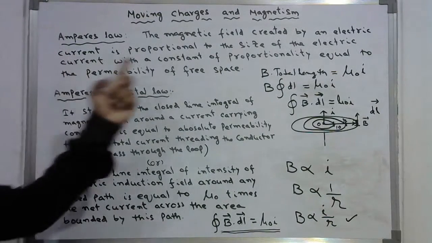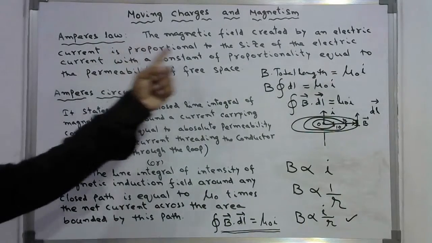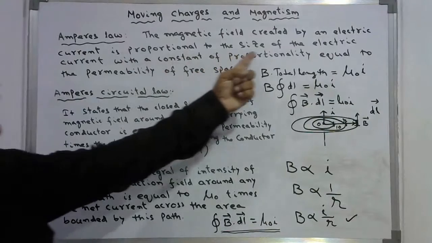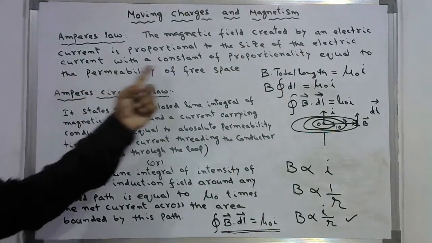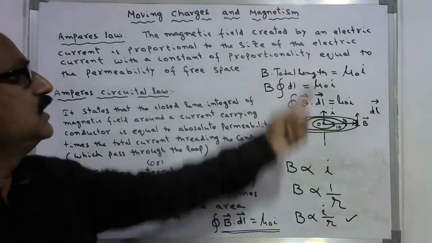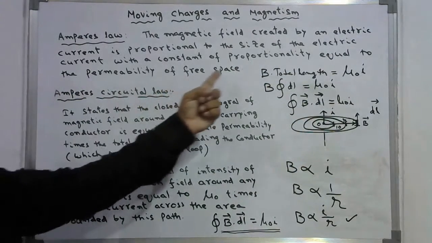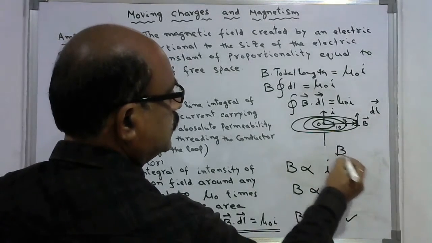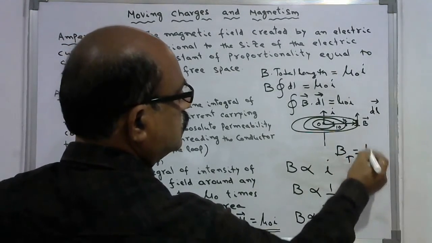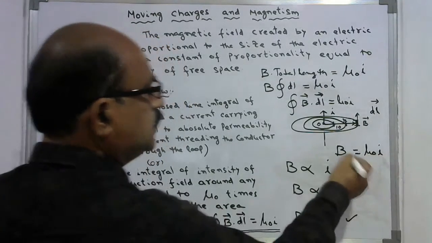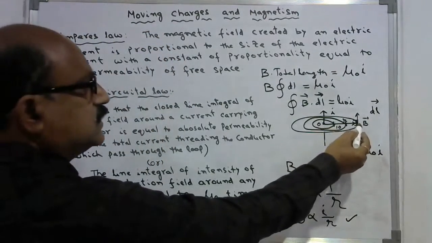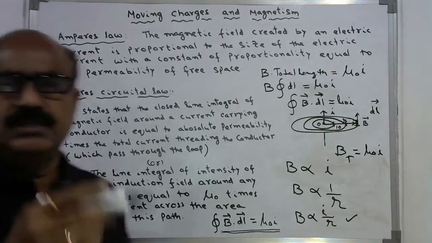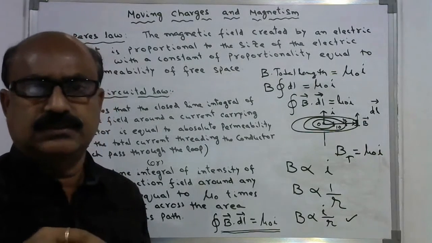Now if you observe the statement here, for Ampere law, the magnetic field created by an electric current is proportional to the size of the electric current with a constant of proportionality equal to the permeability of free space. So that is what I wrote here. B total is equal to mu naught I. But B total is the magnetic induction at this point multiplied by the total length of the circular path, circumference.